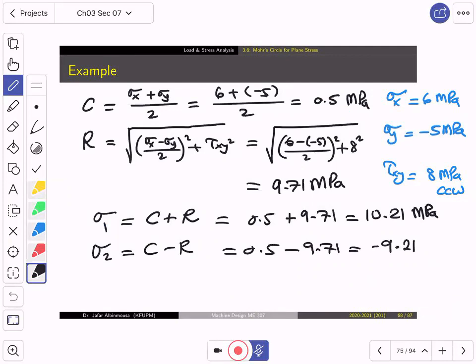Yes? Ali? Nothing. Okay, good. Do you see that, guys? Okay, the radius we know. Tau 1 will be equal to R and tau 2 will be equal to minus R.